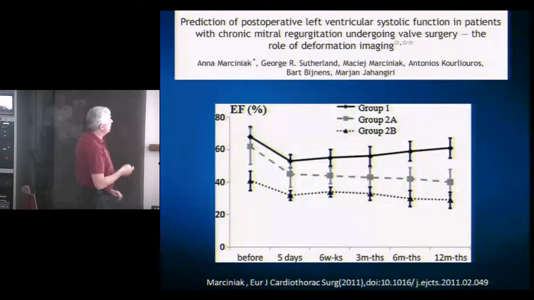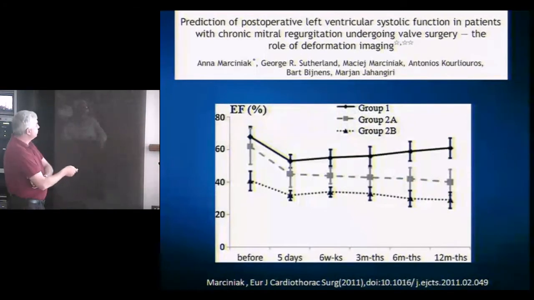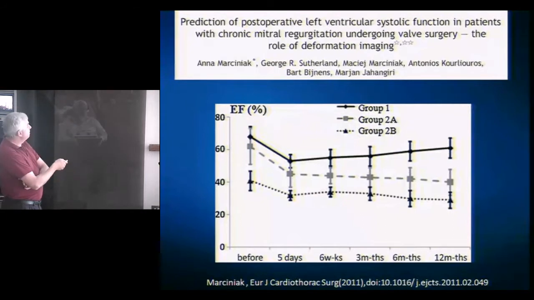So if you look at the EF of these groups after surgery, those that had a reduced EF after surgery for the mitral valve, their EF did not improve. Those that had a good EF, group 1, who had a good EF before surgery, they had an initial decrease following the surgery itself, that's not unexpected, and they recovered their function and kept their function.